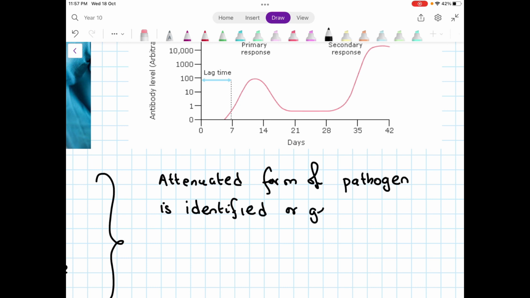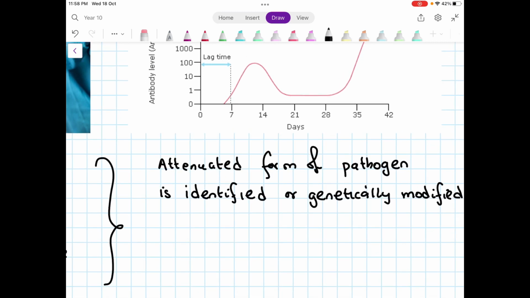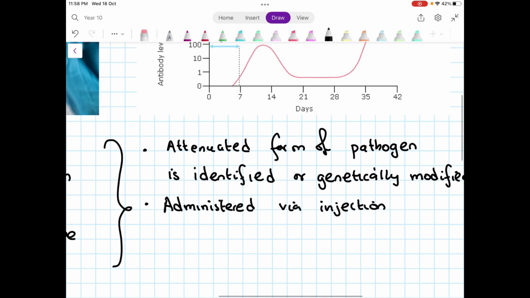So they're identified or genetically modified, and then this is administered to the person via an injection. And now what happens is that the person's immune system will respond.